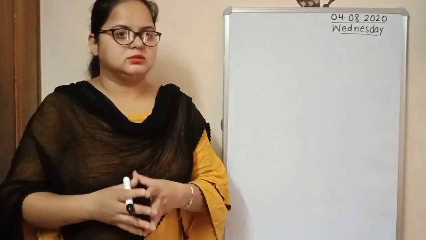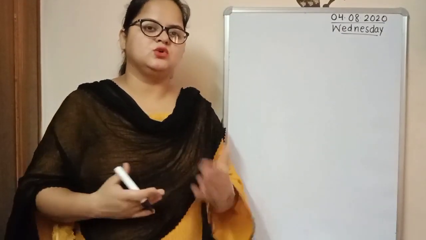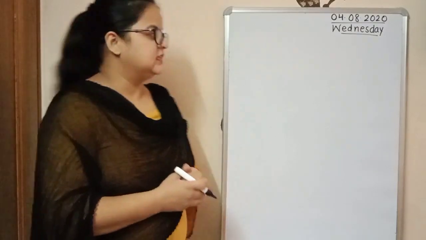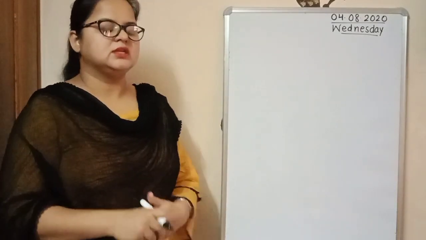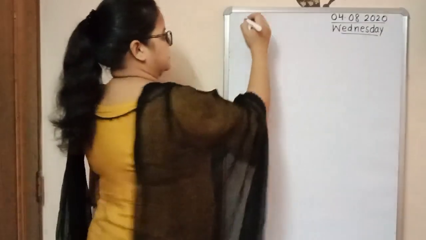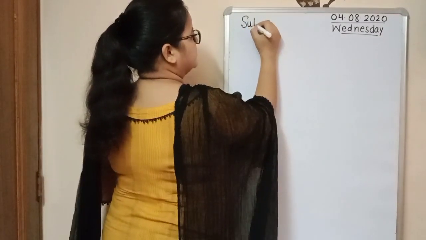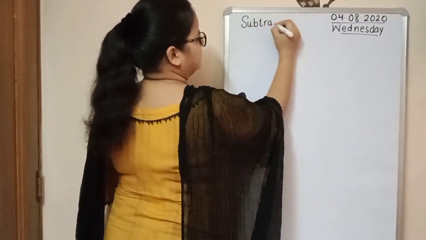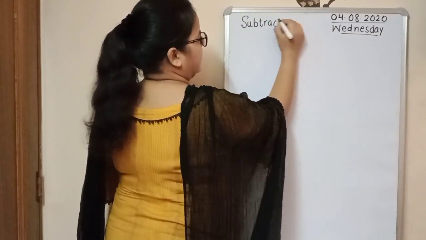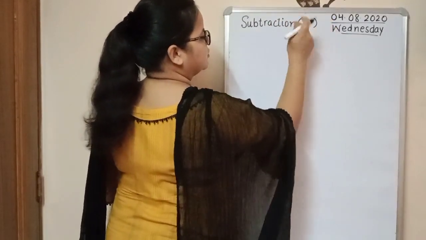Okay, so in today's class we will do a new concept. So write the name of topic in your notebooks. Today's topic is subtraction. And this is the sign of subtraction.